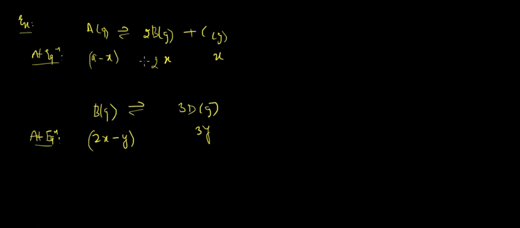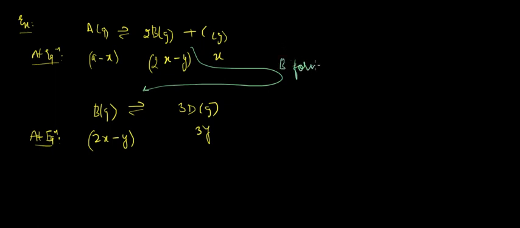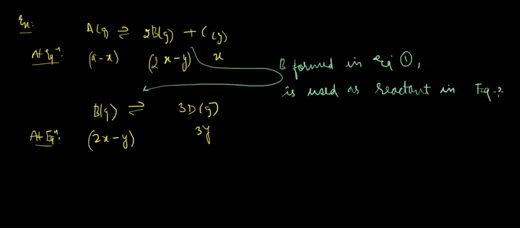Similarly, the number of moles at both equilibria should remain consistent, hence I am also adding 2x minus Y here. As the reaction is happening in the same vessel, we can see that the B formed in first equilibrium number 1 is used as reactant in equilibrium number 2.